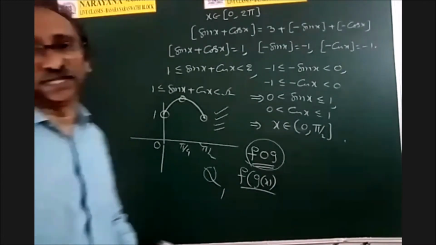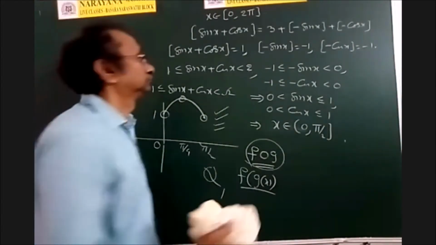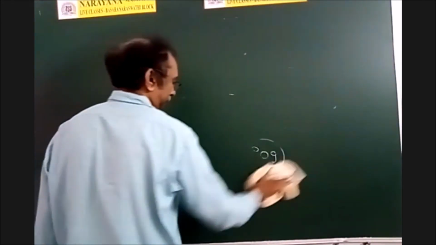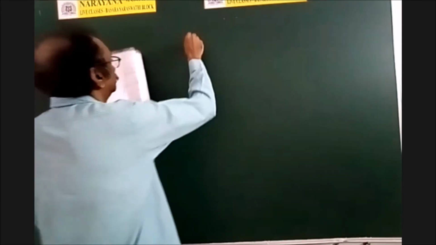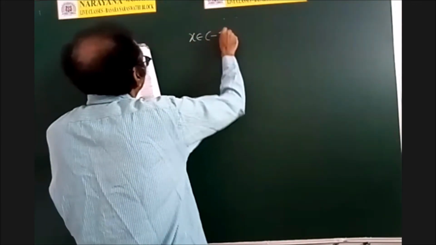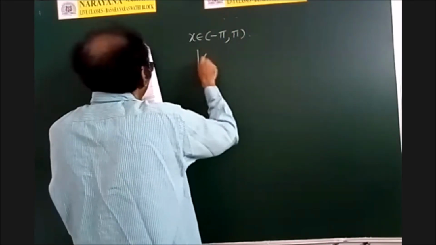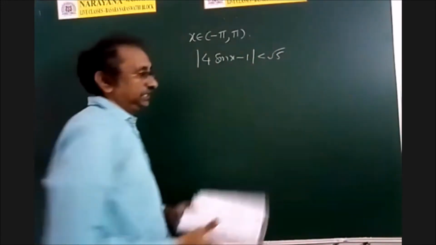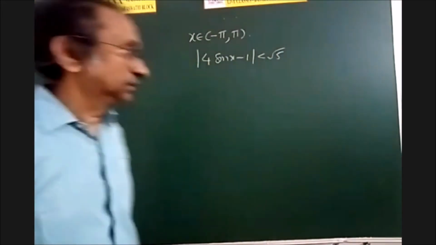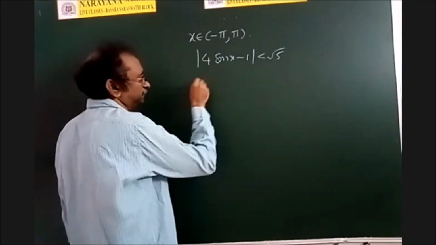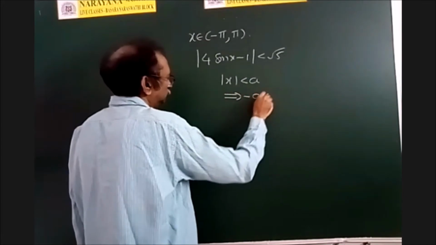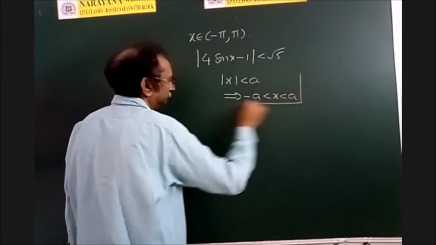See 40th question. The set of all x belonging to the open interval (minus pi, pi) satisfying modulus of 4 sin x minus 1 less than root 5 is given by... First of all, whenever modulus of x is less than a, that implies x should lie in between minus a and plus a.